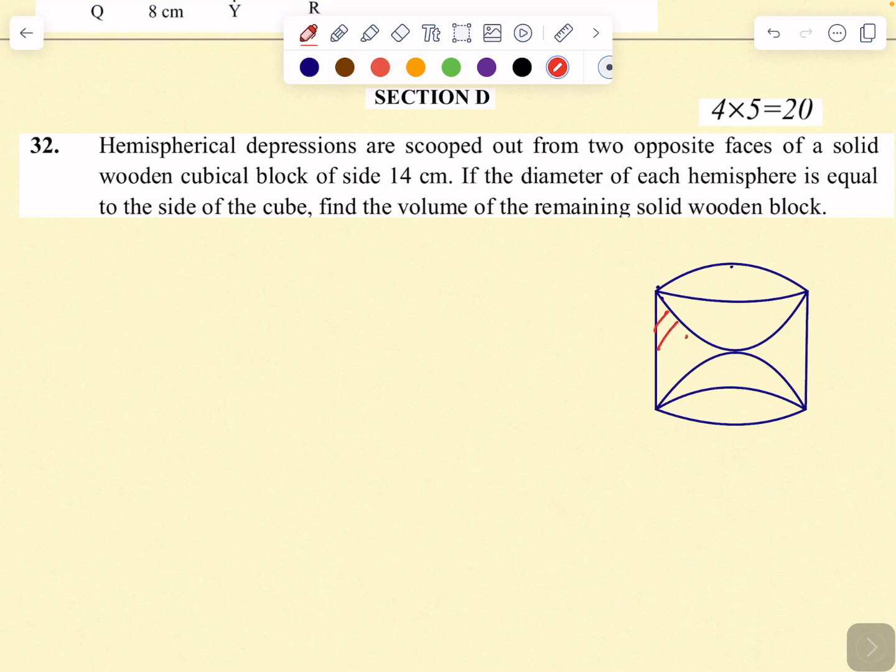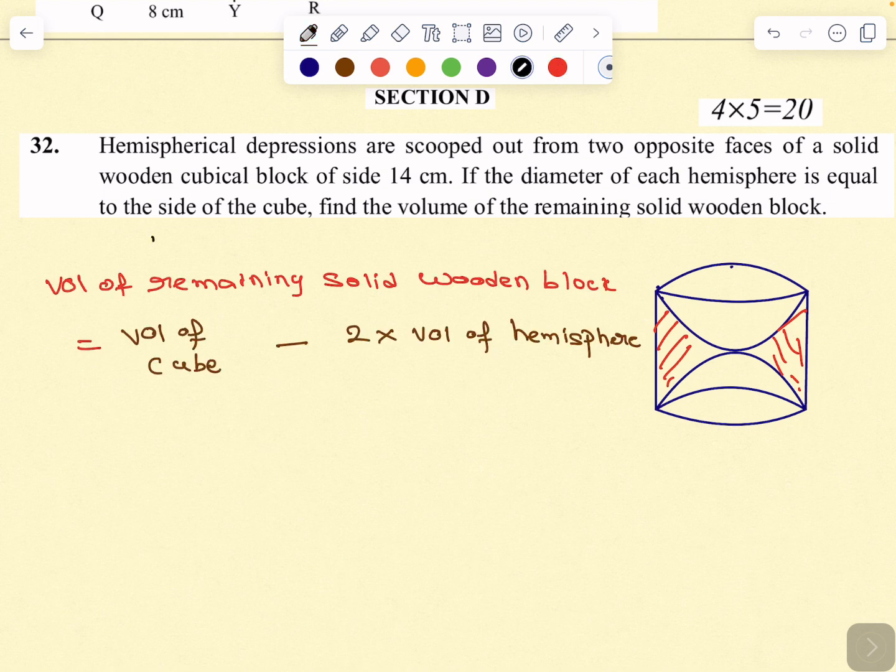To find the volume of the remaining solid wooden block, it is equal to volume of cube minus 2 into volume of hemisphere. So what are the given things we have here? The side of the cube is 14 centimeter, and the diameter of the hemisphere is also 14 centimeter.